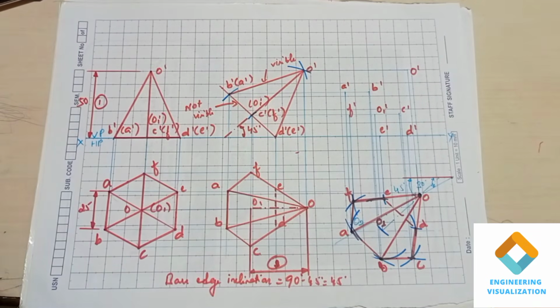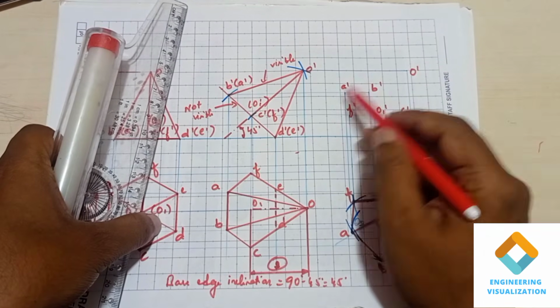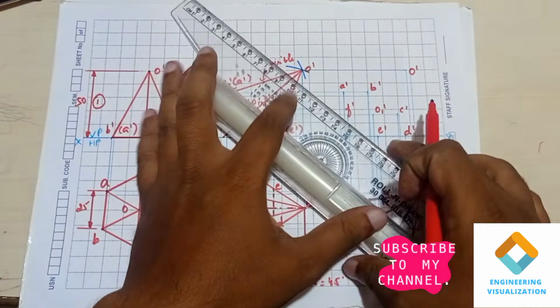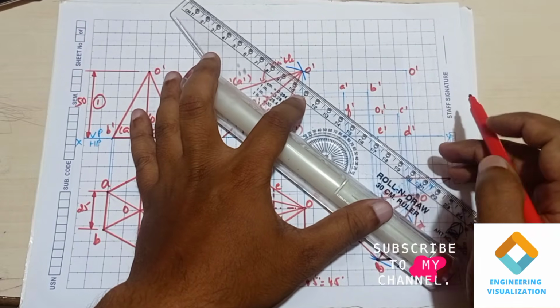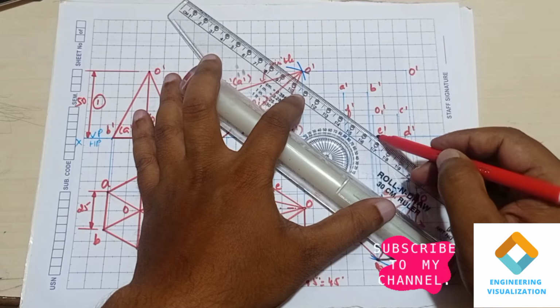So how to construct the final position here? First we have to construct the base of the hexagonal pyramid, then the slant edges. It is the same procedure in a prism also. First we will construct the base here.